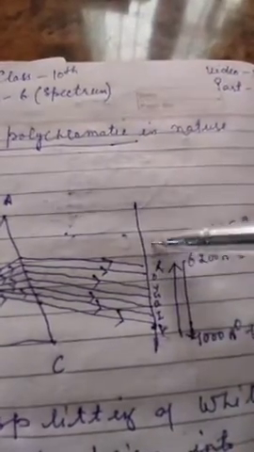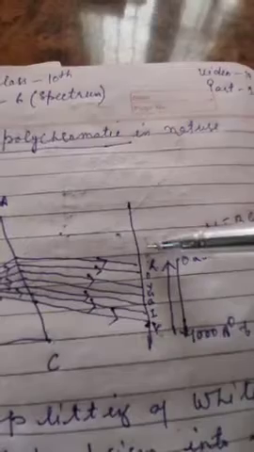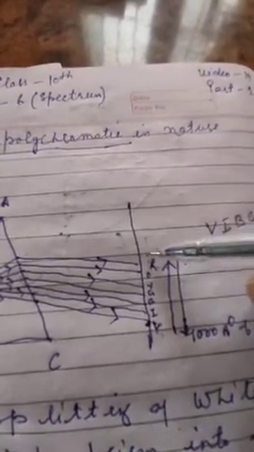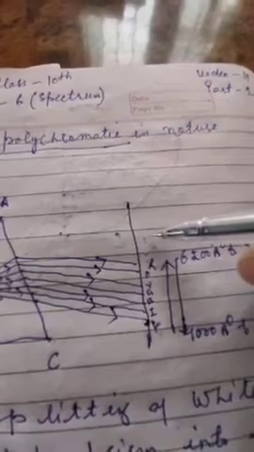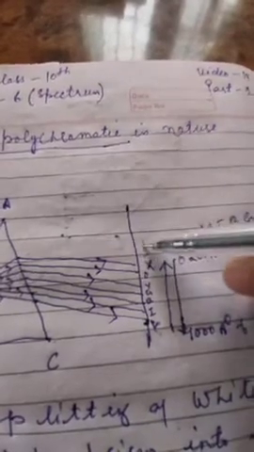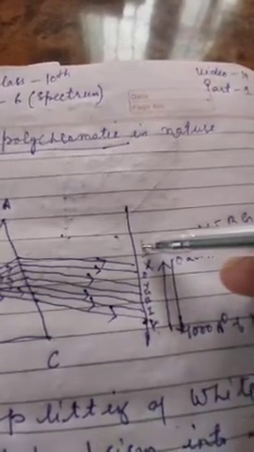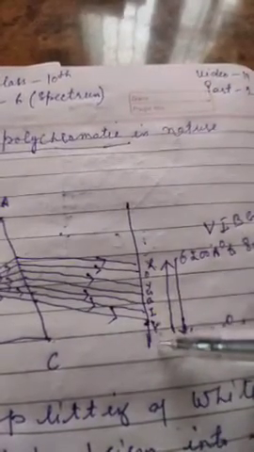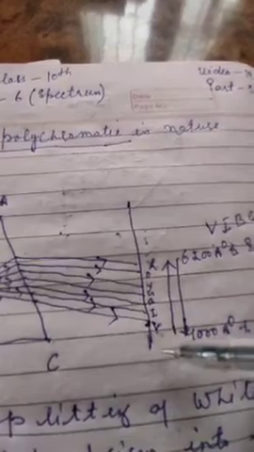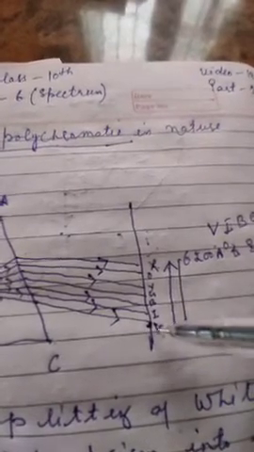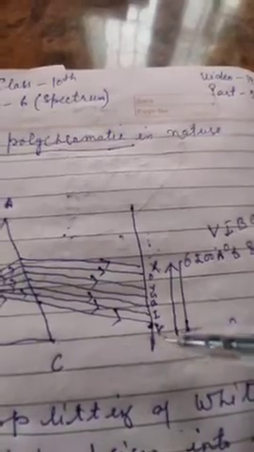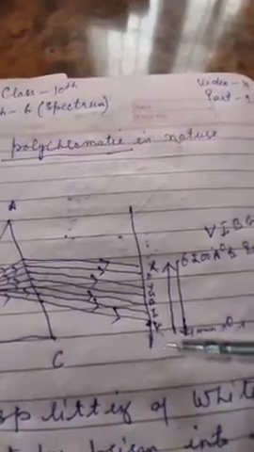Now beyond red there is a non-visible spectrum, and that is known as the infrared spectrum. What is it known as? Beyond red, that is known as the infrared spectrum. And beyond the violet color there is another invisible spectrum, that is known as the ultraviolet spectrum, which is not visible to us.